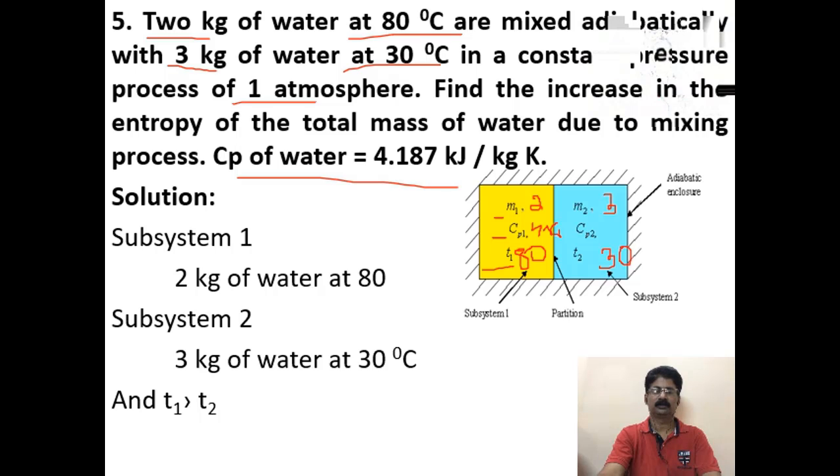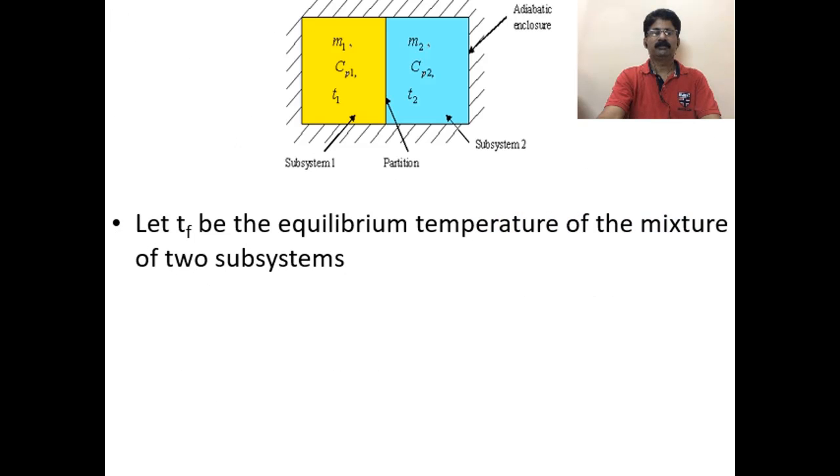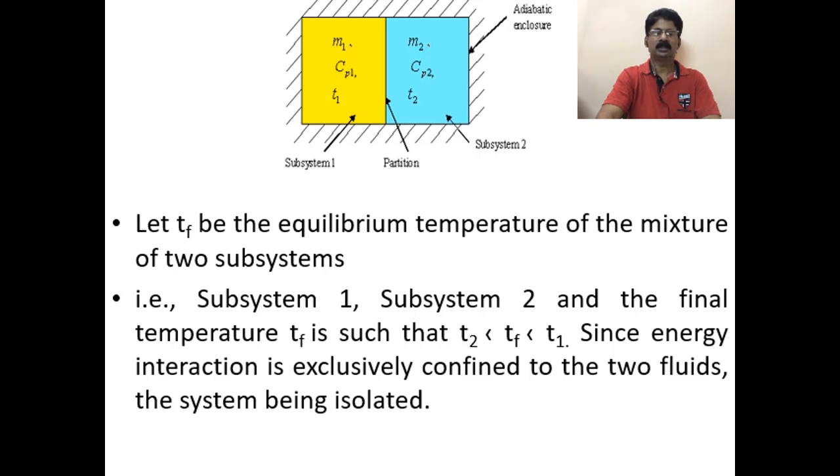Now let Tf be the equilibrium temperature of the mixture of the two subsystems, which has to be between T1 and T2. So Tf should be greater than T2 and less than T1, because T1 being the higher temperature, the equilibrium temperature Tf should be less than T1 but more than T2. There is a common sense to understand that.